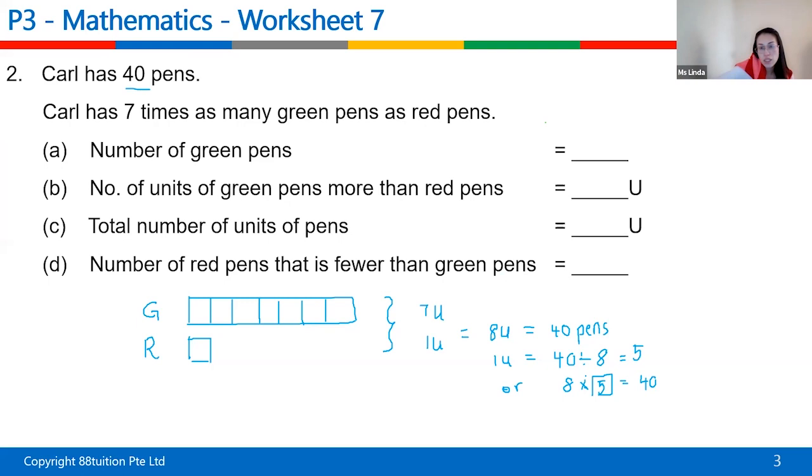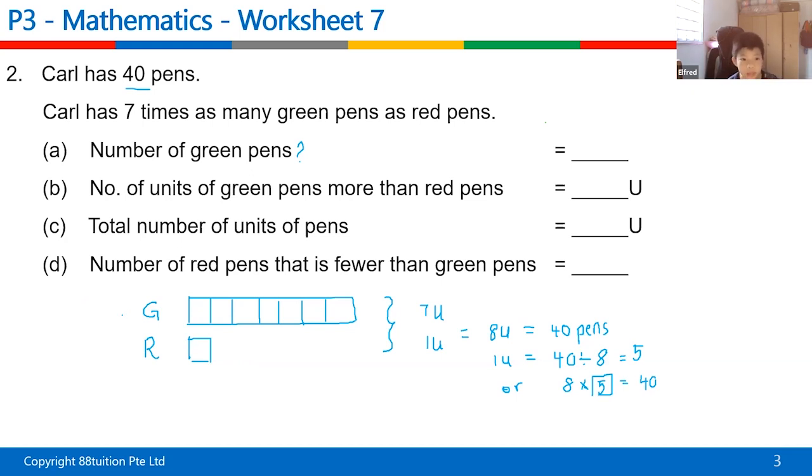If let's say 1 unit is 5, how many units are there in green pen? Count how many units are there? How many units? You see my drawing? Can you see my drawing? Yeah.